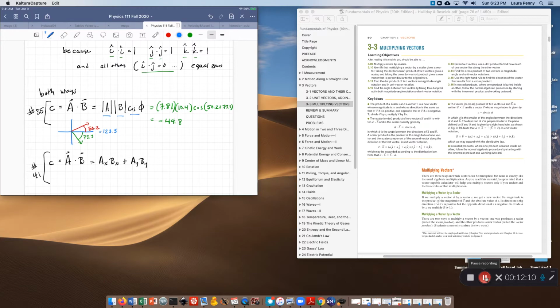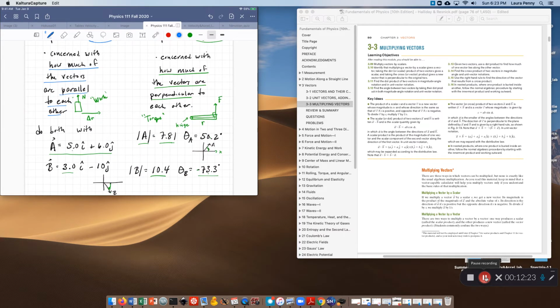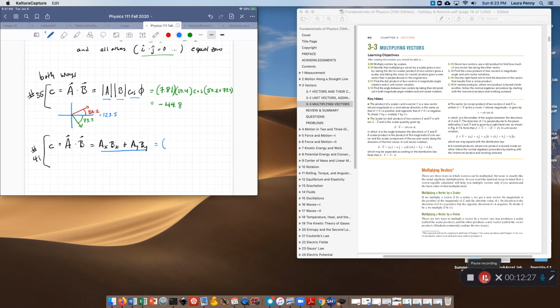If I then instead do the other way, I say AX times BX plus AY times BY, what do I get then? So here we go again. I have 5 and 3 and 6 and negative 10. So I say 5 times 3 plus 6 times negative 10.